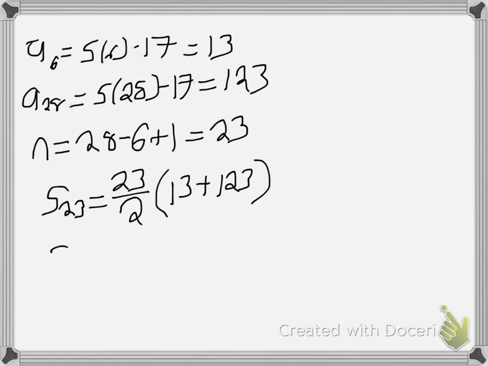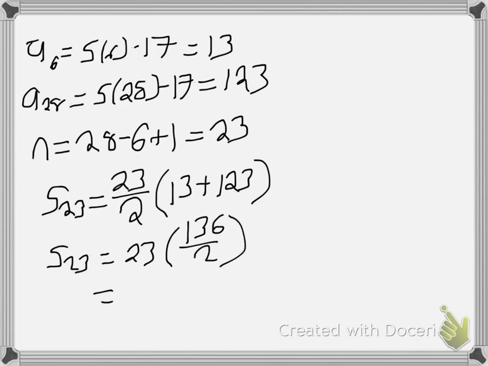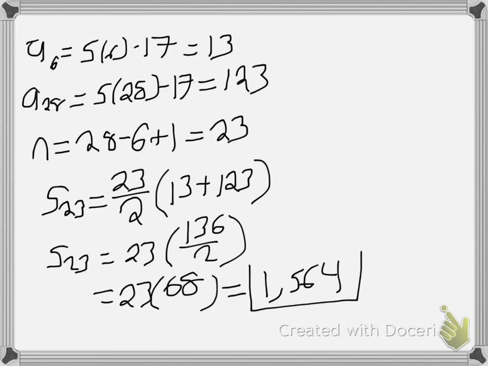Okay, so S of 23 is simply 23 times 136 divided by 2, which is 23 times 68. And then 23 times 68 will be 1,564. So the 23 terms in that sigma notation add up to be 1,564.